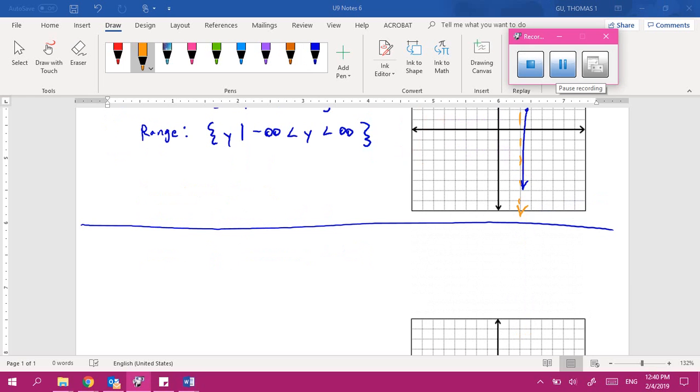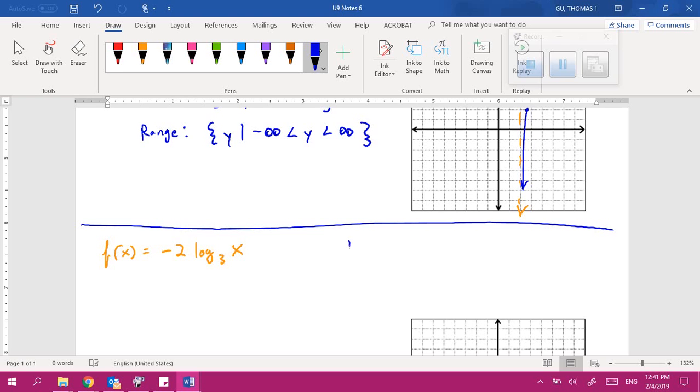Our next example is going to be f of x equals negative 2 times log base 3 of x. So first things first, I want you to give me the transformations. Can somebody give me one of the transformations here?